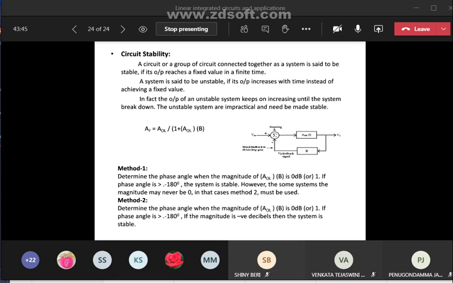A circuit or a group of circuits connected together as a system is said to be stable if its output reaches a fixed value in a finite time. If the output increases with time instead of having a fixed value, then the system is said to be unstable.